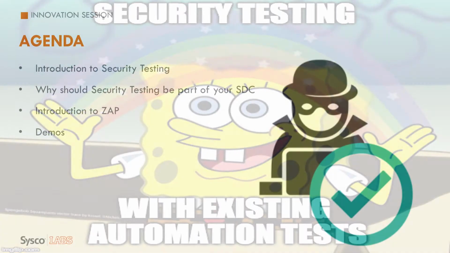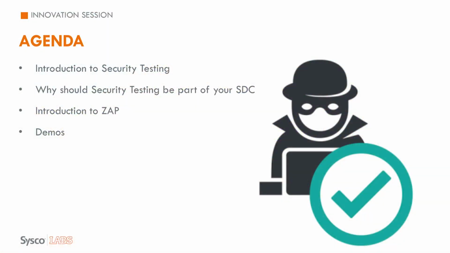So this is the agenda for today. I'm going to give you a brief idea about security testing and why it should be included in your testing phase, then an introduction to the basic Zap tool, and then demonstrations.